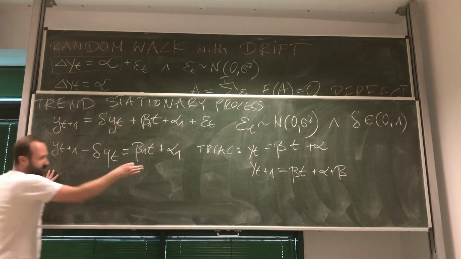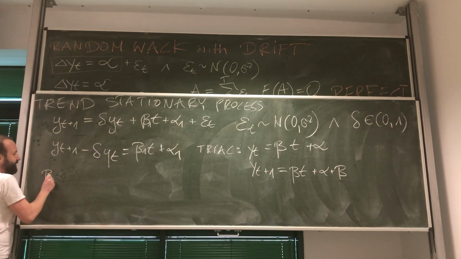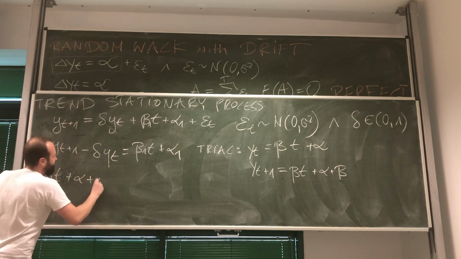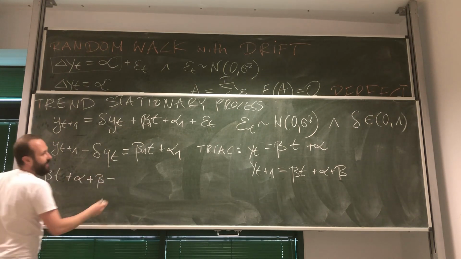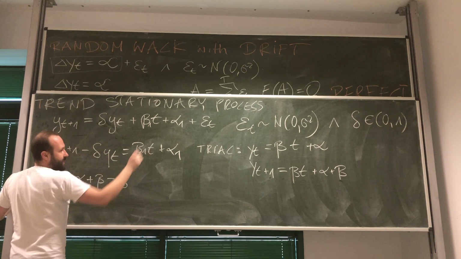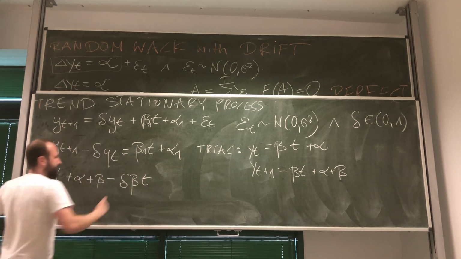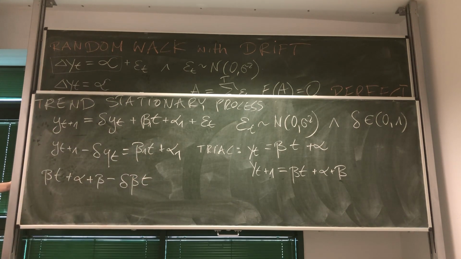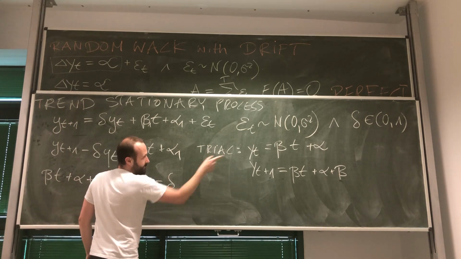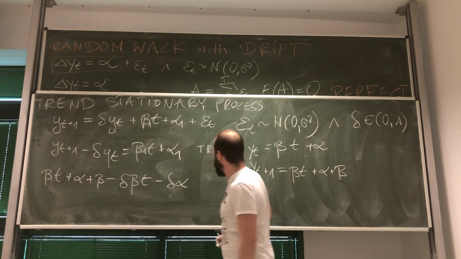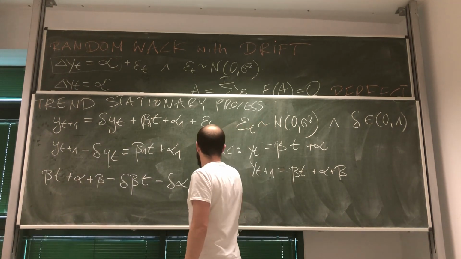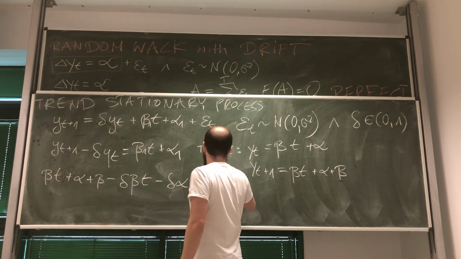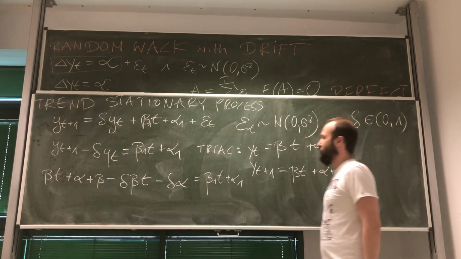Okay, so let's substitute. We get that this is beta t plus alpha plus beta minus delta times beta t minus delta times alpha, and it's equal to beta_1 t plus alpha_1.